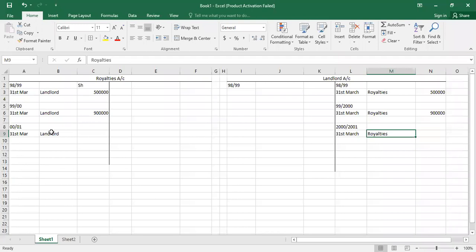So 900 tons multiplied by 2,500, what do you get? 2,250,000. Yes, 2,250,000.